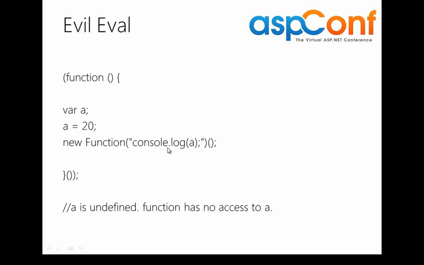If we do new function console.log a and execute that, you will get a is undefined because the function does not have access to a variable called a, because the scope within function, i.e. within this bit of code here, is the global scope. The scope within this function is completely hidden from it.